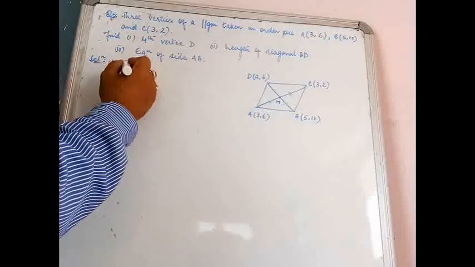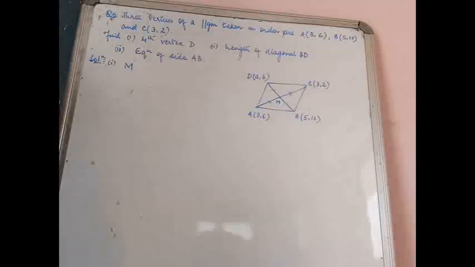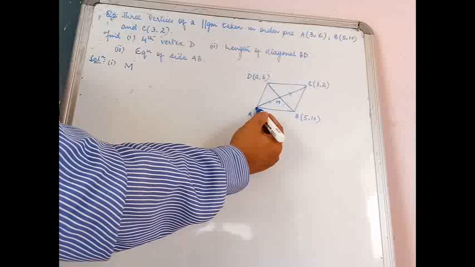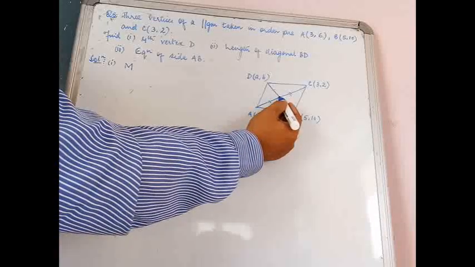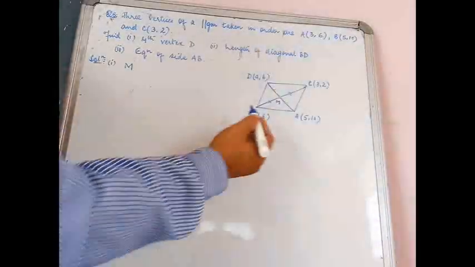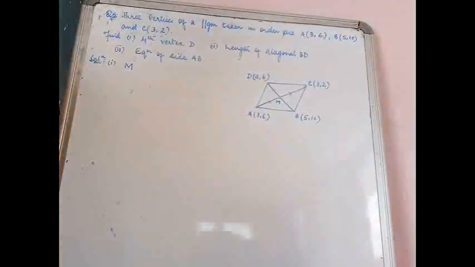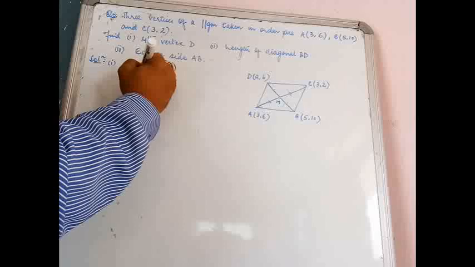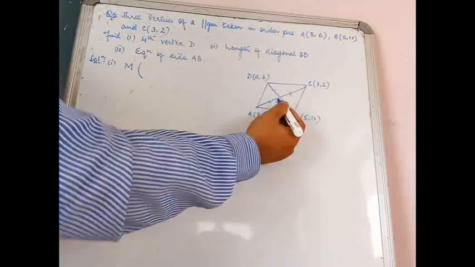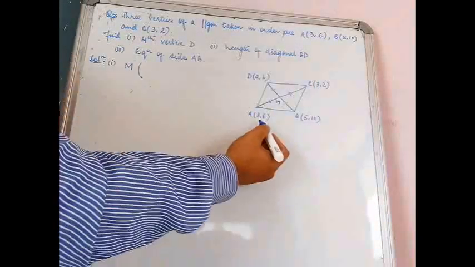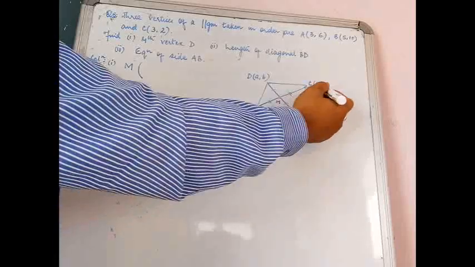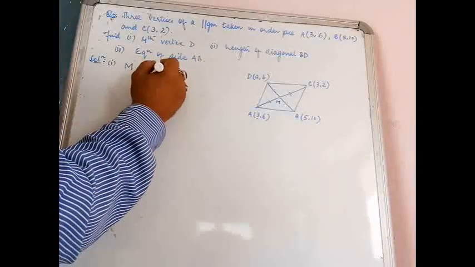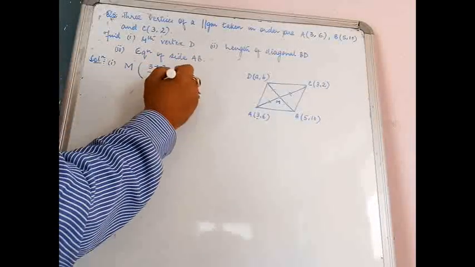So for calculating M, I am first going to take M as the midpoint of AC, because I know A also, I know C also. So M, which is the midpoint, can be written as the midpoint of A and C. So x1 plus x2, which is 3 plus 3 by 2.